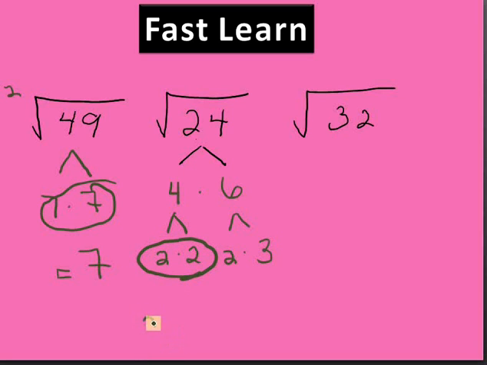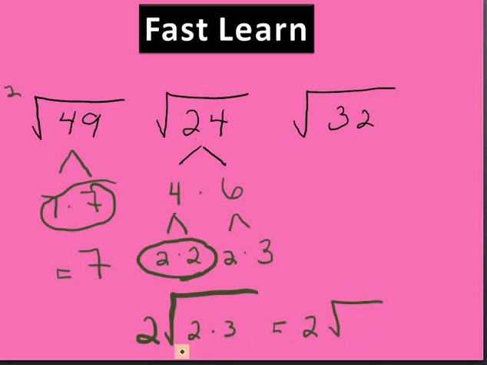That means we can take that 2 out of the building. We still have to leave the others in the building because there were not pairs there. So we have to leave them there. And all we have to do is multiply these prime numbers to come up with 2 radical 6. I hope I left myself room here. I might just go ahead and erase this.